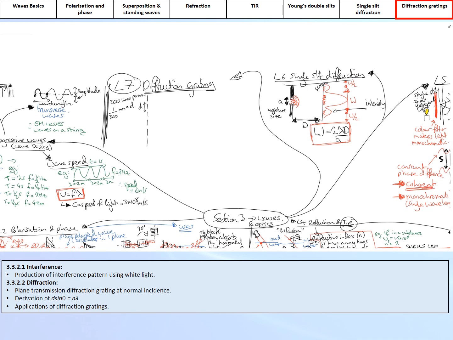So what pattern do we get? We don't get this fading in and out anymore on our screen. Instead, we get just dots. We get one in the center, and then another one, and another one, and so on. What's going on is remarkably similar to what we had with the double slit.